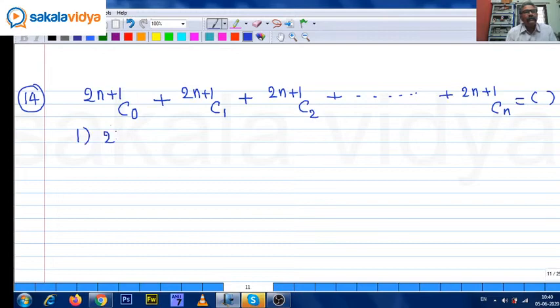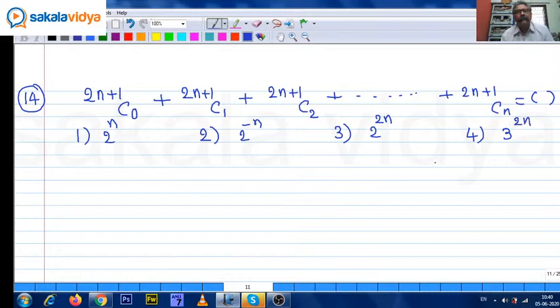First option 2 to the power of n, second option 2 to the power of minus n, third option 2 to the power of 2n, fourth option 3 to the power of 2n. This is the question.